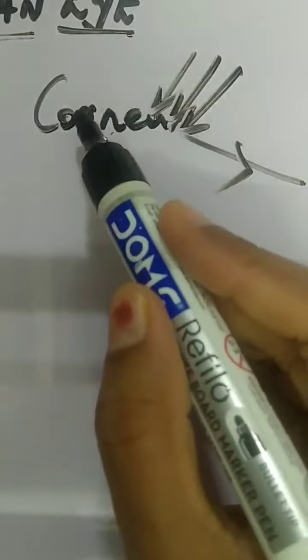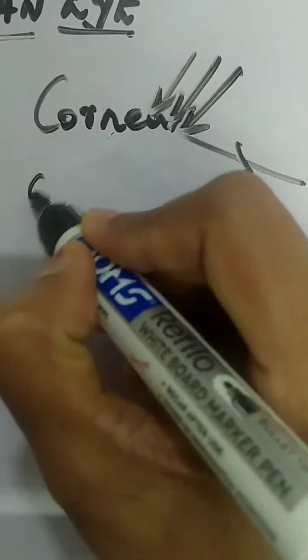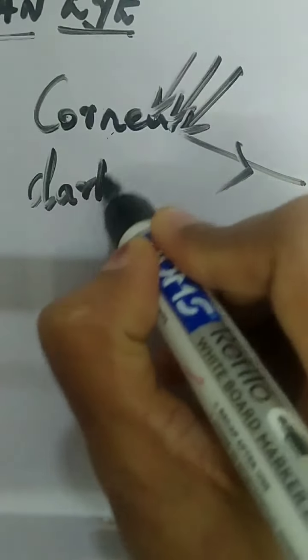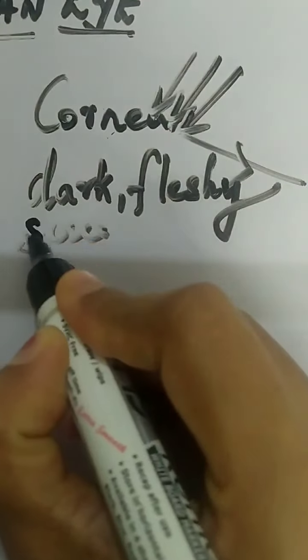Now behind the cornea we have, which are the adjectives? Dark, fleshy. Like a dark fleshy screen which is present behind the cornea, we call it the iris. And one more line you have to write about the iris, which I hope you all will remember. Iris of different people are different.